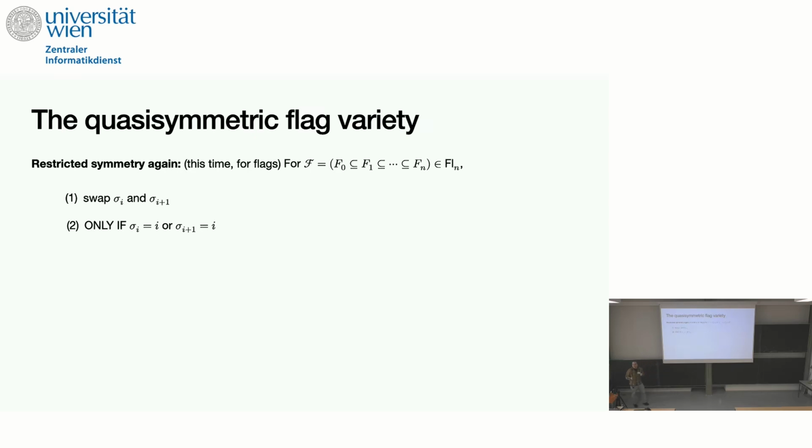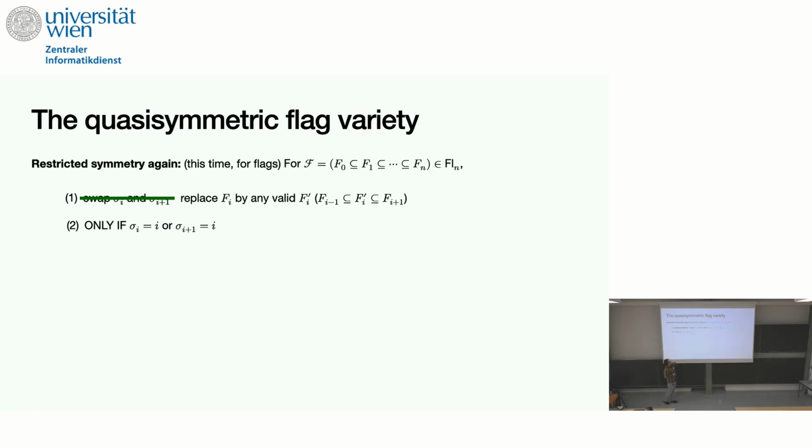So instead of swapping the ith and ith plus first entries, I'm going to replace the ith flag by any other choice of subspace that I could pick. It has to contain f_{i-1}, be contained in f_{i+1}, but otherwise my choice of subspace is free.